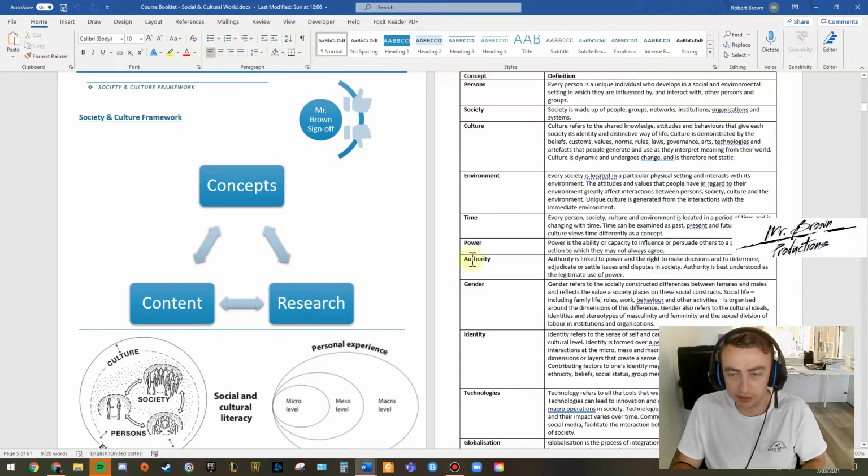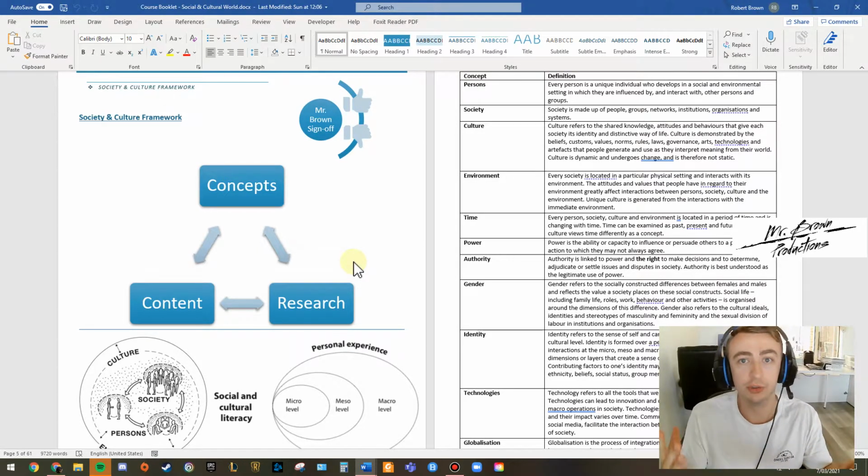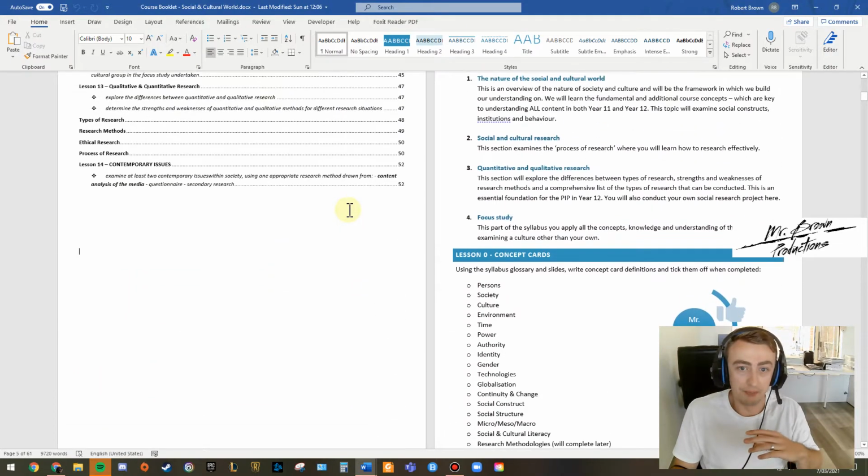In research methods, there's going to be a lot of different types of research, and the benefit for us knowing that and rote learning it and practicing it on things like concept cards as well is that they get asked as multiple choice questions every year in the HSC, and they're also always asked in short answers every year in the HSC, not to mention you need to understand it all for when you do your major work. The PIP next year is worth 40%, but you will be using a lot of the research methods we're going to talk about today.